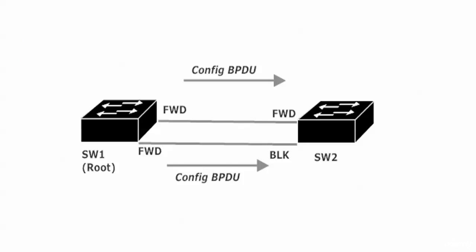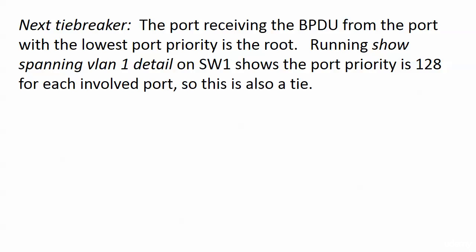So this is what we've got going on right now. We've got these config BPDUs coming across. We still need a tiebreaker to pick the root. Now, take a deep breath. The next tiebreaker: the port receiving the BPDU from the port with the lowest port priority is the root port. I know you want to see this in action because you got the word port in there like 17 times.